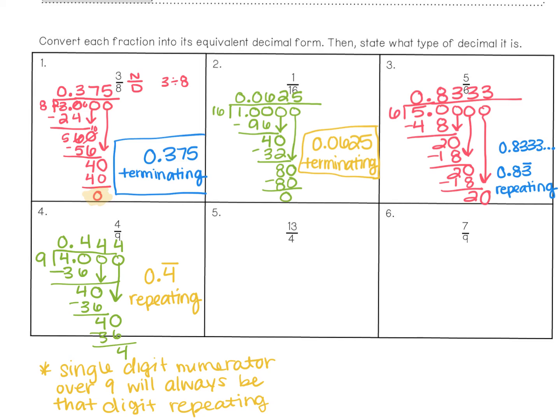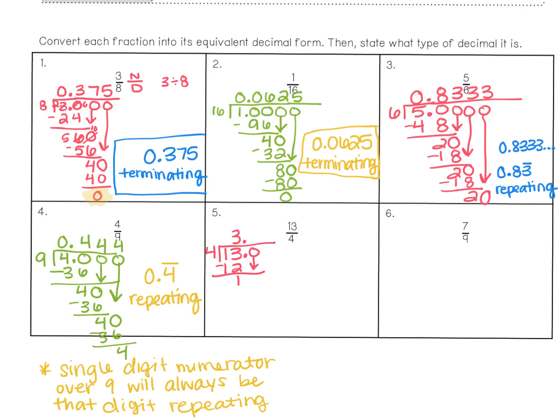Our next example is 13/4. Now this one is a little bit different than the other ones that we've done because we don't have to add a 0 and a decimal right away. I know that 4 goes into 13 3 times. I don't want to use a remainder, I want to use a decimal.